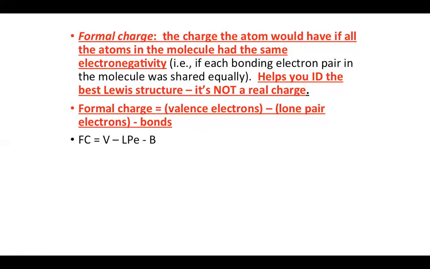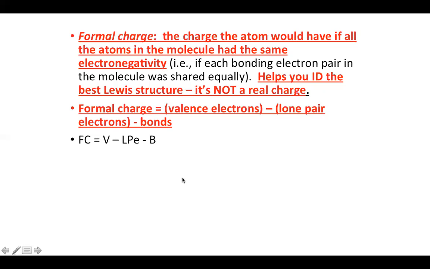To calculate the formal charge, you would take the valence electrons that the atom typically has, like just going off the periodic table. Then you would subtract off the lone pair electrons around that specific atom, and then you would subtract off the number of bonds, because again, we're going to assume for formal charge calculations that the atoms in the molecule will have the same electronegativity.